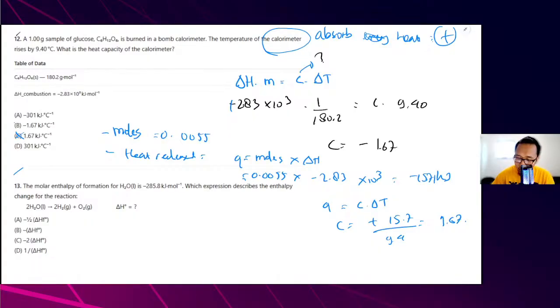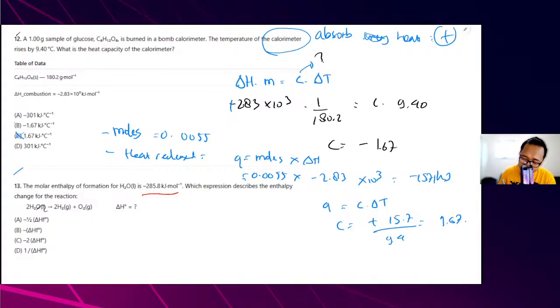So let's take a look at number 13. The molar enthalpy of formation of H2O is this one. Which expression describes the enthalpy change for the reaction? As you can see, the molar enthalpy for H2O is minus 20-something.